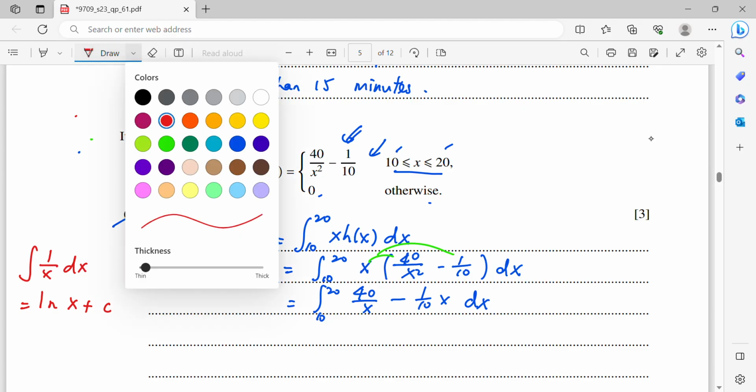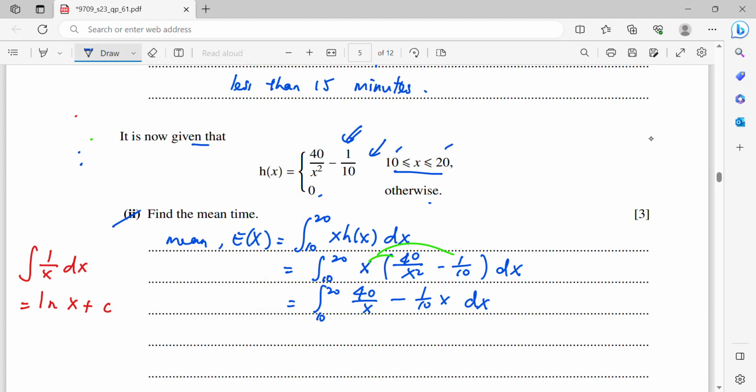Okay, so here, the first term, where I integrate 40 over x, I will get 40 ln x. I will not write the modulus because my x values, 10 and 20, are positive. Then the next one is just 1 over 10 times x squared over 2, with the limits from 10 to 20.